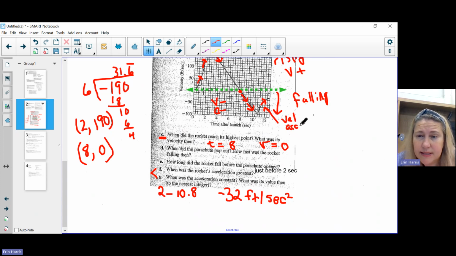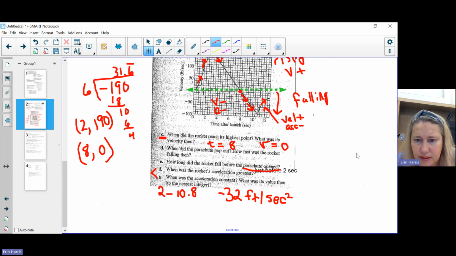So what is causing it to fall at a slower rate? That would have to be the opening of the parachute. So when did the parachute open? How long did the rocket fall before the parachute opened? It started falling at 8 and we call this 10.8. So that would be 2.8 seconds.